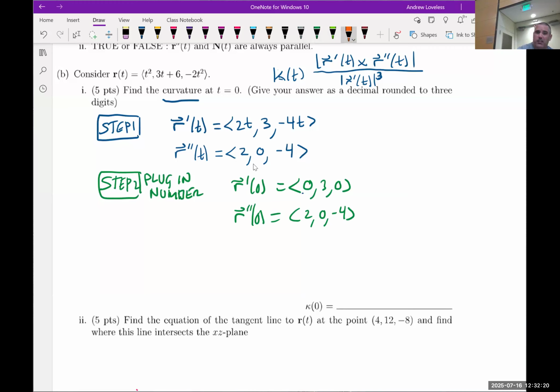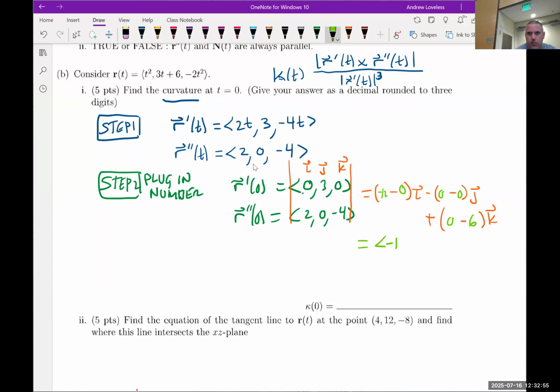So now we need to find a couple of things. We need the cross product of these two things. So let's see, -12 minus 0, 0 minus 0, 0 minus 6.